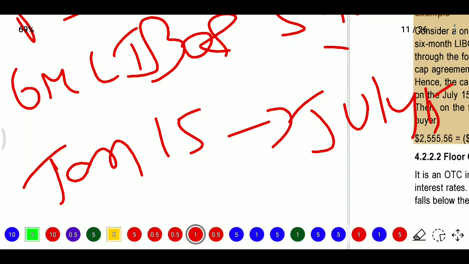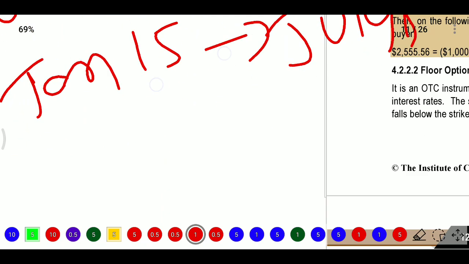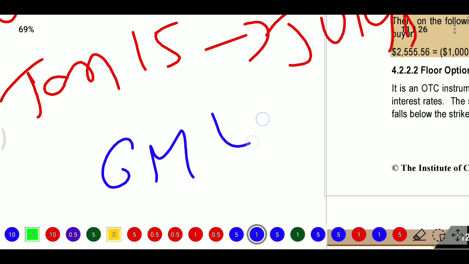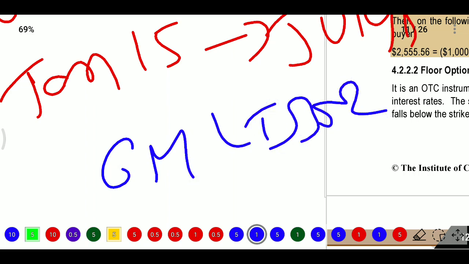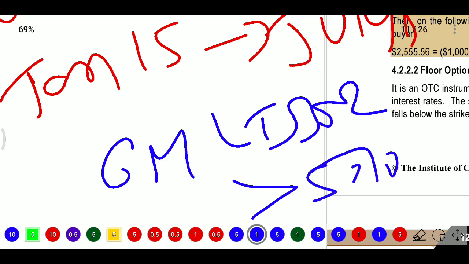Now what will the cap buyer be entitled to? Payment only when you get the cap rate, only if the 6 months LIBOR exceeds the 5%, then you will get it.